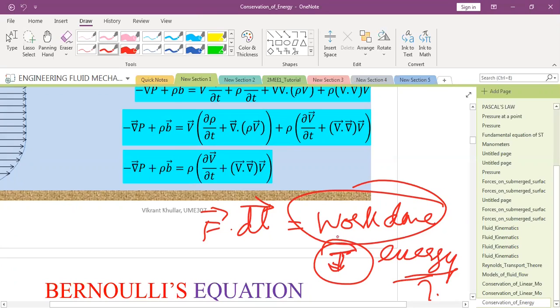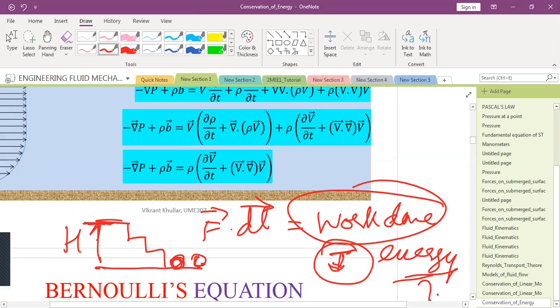You understand, say this is a roof, you have a staircase, and a ball is lying here, so its potential energy is 0 here. You bring it to this location which is at height h, its potential energy becomes mgh. What is the work done by you?